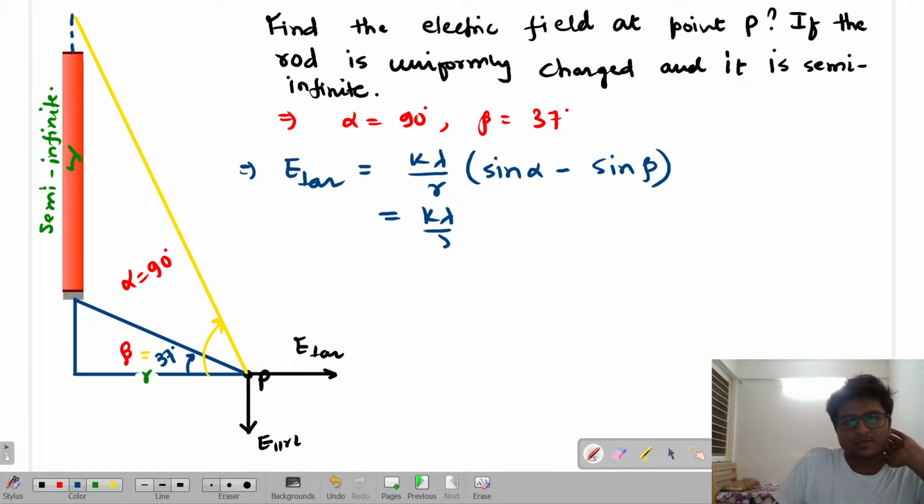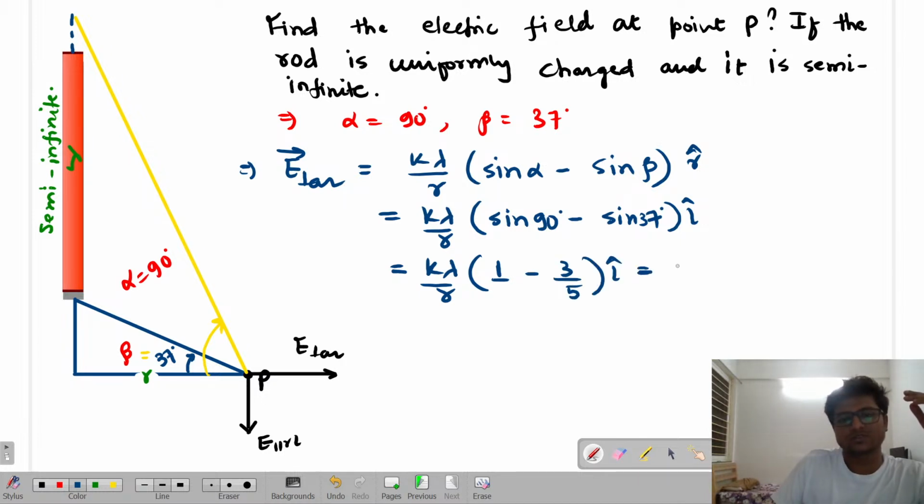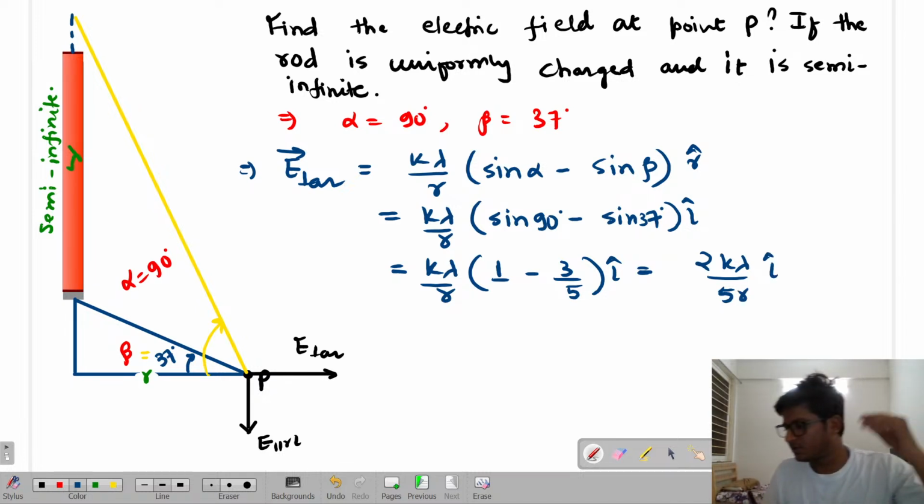So this is k lambda by r (sin 90 minus sin 37) i cap, if it is a vector quantity. Are you able to get me? So this becomes k lambda by r, sin 90 is 1 and sin 37 is 3 by 5, so this is 2 k lambda by 5r i cap. Are you able to get me or not?